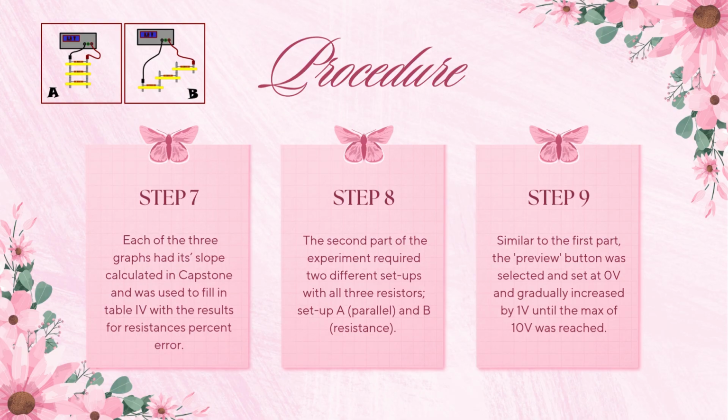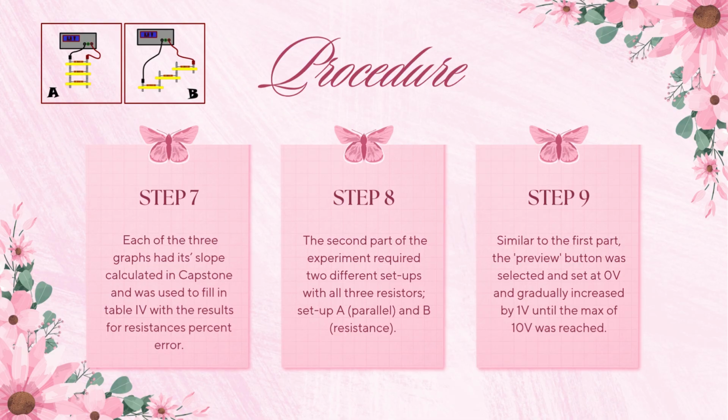The second part of the experiment required two different setups with all three resistors. Setup A had the resistors all lined up in parallel form, and setup B had them in series.